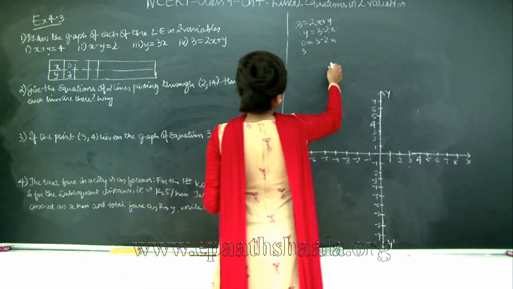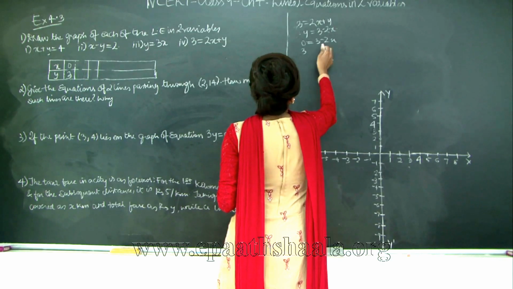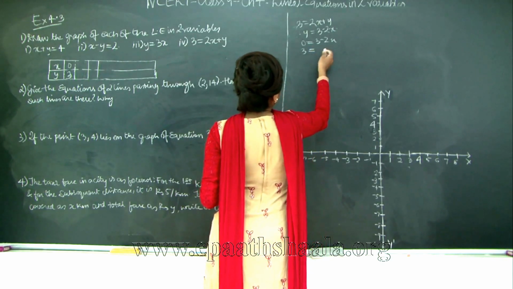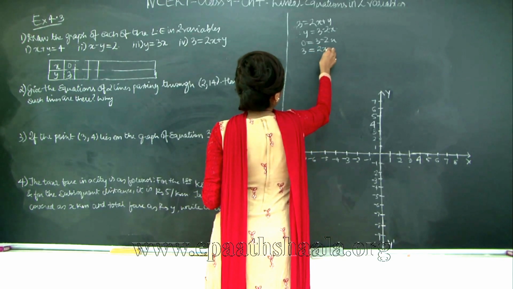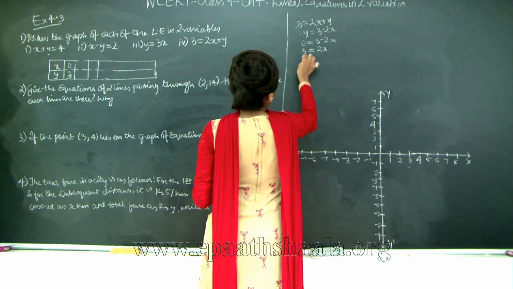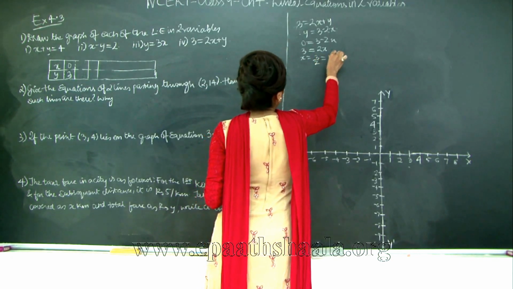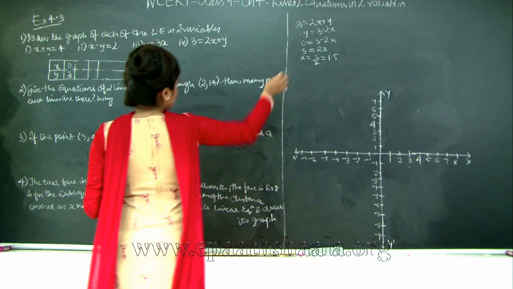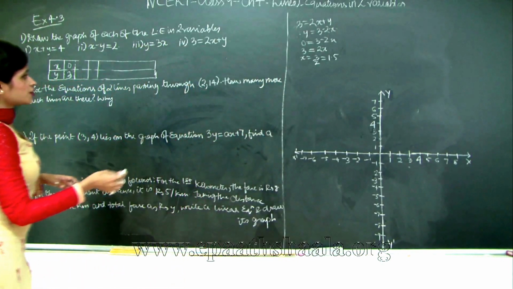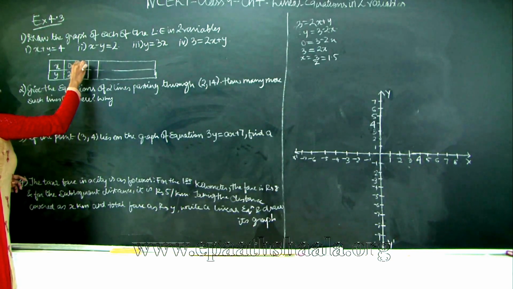I want to avoid fractions, but okay, let's see. 3 is equal to 2x, so x is equal to 3 by 2, which is 1.5. So when y is equal to 0, x is equal to 1.5.